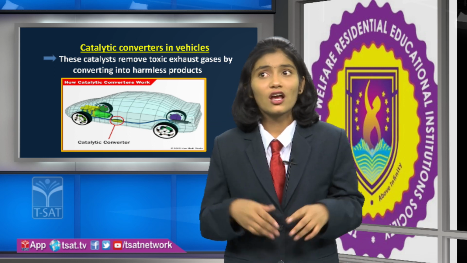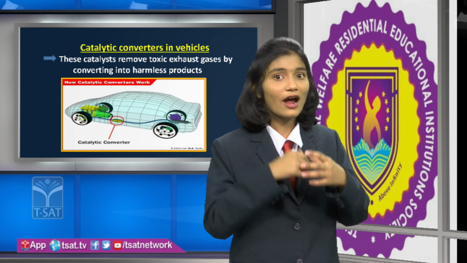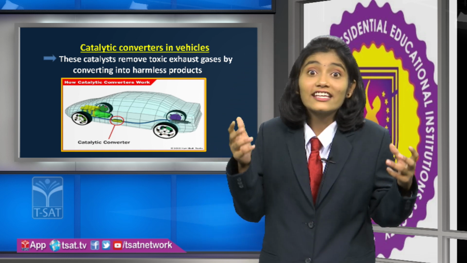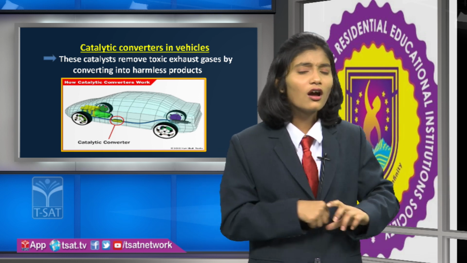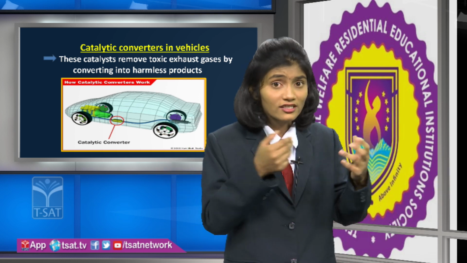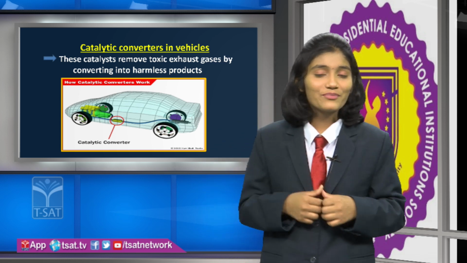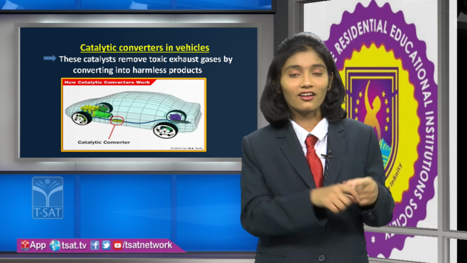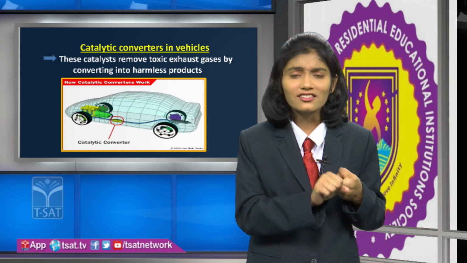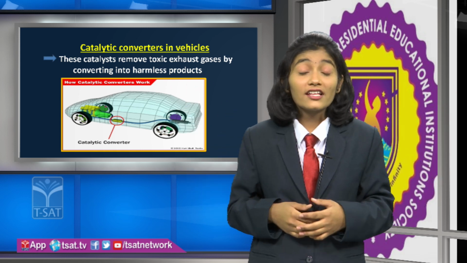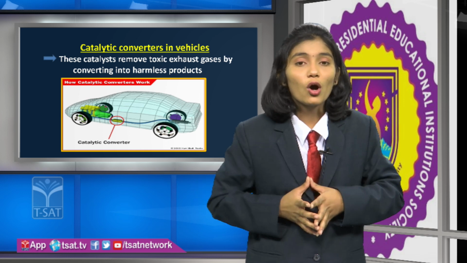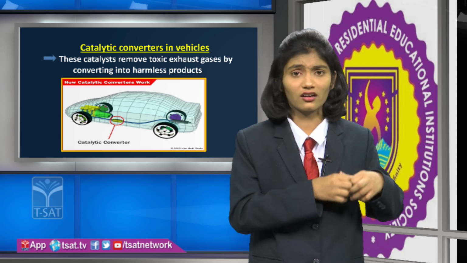Friends, I hope that you are aware about the toxic gases which are released by vehicles, aren't you? What are those toxic gases? For example, methane, many hydrocarbons, CO2 gas, etc. I think you are aware about how harmful they are, right?